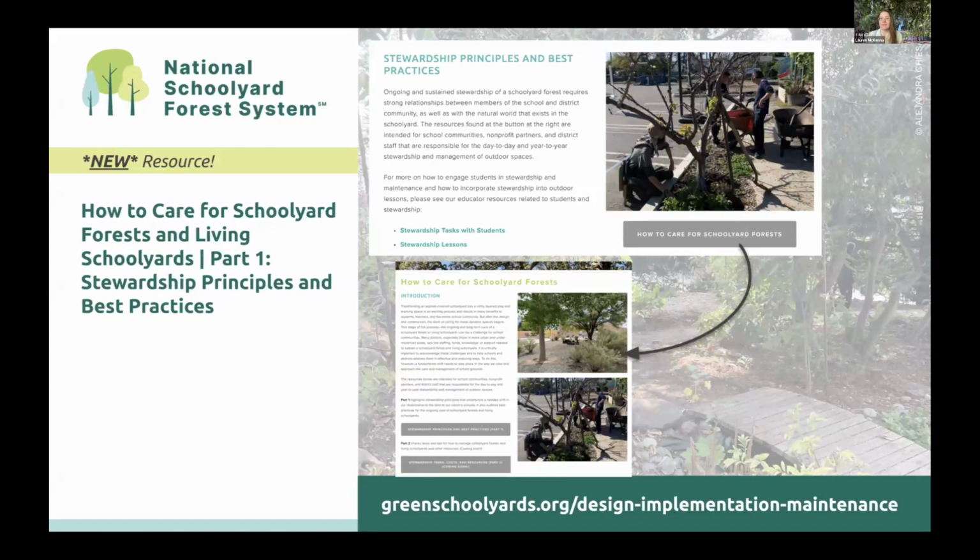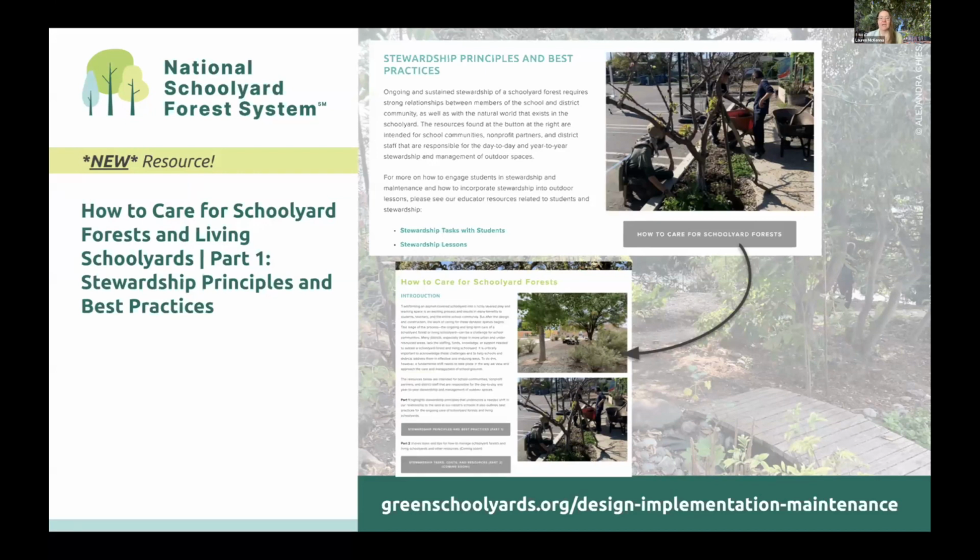I just want to highlight a just published resource that is going to be an important foundation for today's conversation: How to Care for Schoolyard Forests and Living Schoolyards, Part 1, Stewardship Principles and Best Practices. Of course, Rachel Pringle, who's here from Green Schoolyards America, will dive deep into this topic, but I just want to show you how you can find this resource.